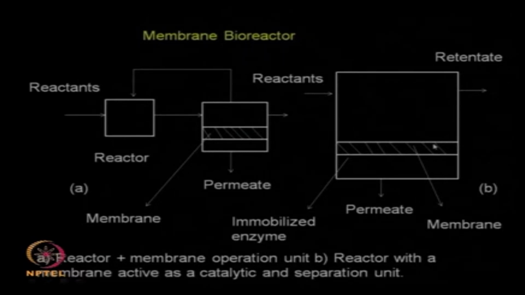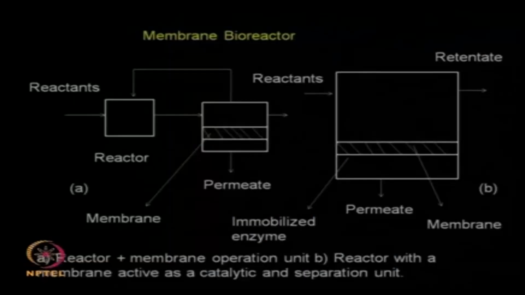So the advantage is I do not have to have a separate filtration unit for filtering my enzyme and again putting it back into my bioreactor and so on. So I can avoid the second operation of filtration. That is the advantage of the combination of membrane bioreactor here. So the first design we saw is where we are continuously removing a metabolite or a product so that you do not allow it to build up.